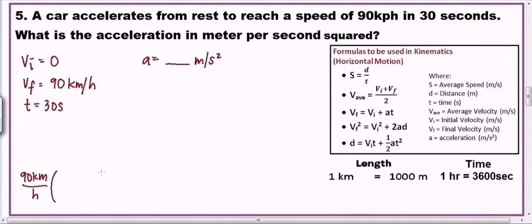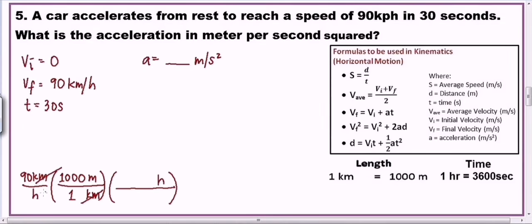So, para gawin yan, unahin ko tong kilometer. So, kilometer dito, gusto ko siyang maging meter. So, ito yung kilometer to meter. That is 1 kilometer and then 1,000 meter. And then, so makakancel si kilometer. Si R, itong R na to, gusto ko siyang maging second. So, para makancel siya, syempre, kailangan sa taas ko siya lalagay.